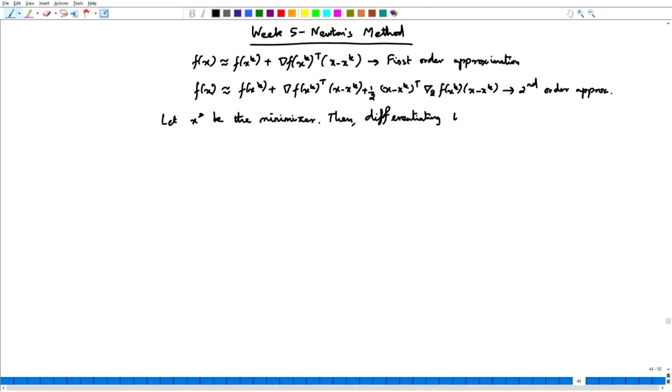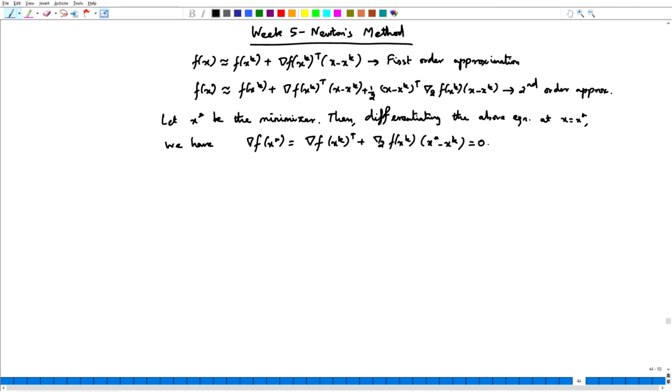Differentiating the above equation at x equal to x star, we have del f of x star. So, f of x k does not depend on x, so the derivative is 0. Here it depends on x only here. So, this will be del f of x k transpose, and the derivative of this is just del 2 f of x k into x star minus x k. Okay. But we know that since x star is the minimizer, del f of x star is actually equal to 0, right.